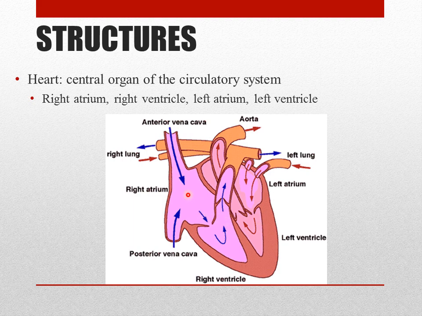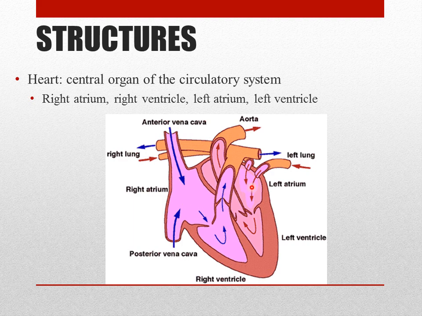The top ones are called the atria. Singular of that is atrium. So there's a right atrium and a left atrium. And you probably thought, she just said right, and that's on the left of the screen, and the left atrium is on the right of the screen. That's because you want to think about you're looking at someone's heart, and so if you were them, you'd be switched around, right?